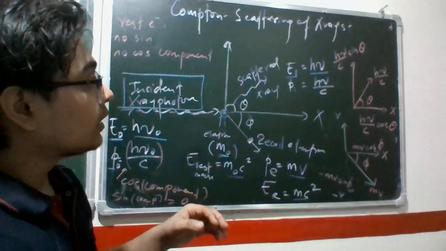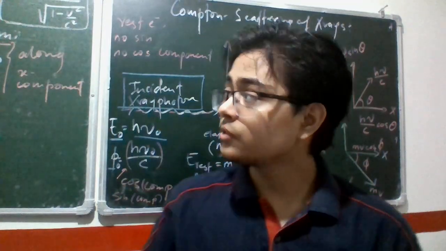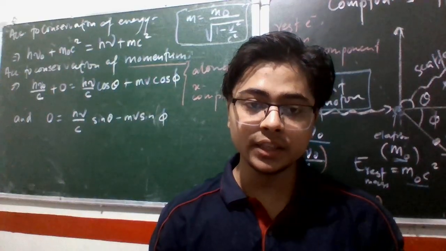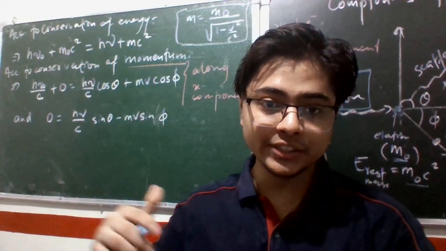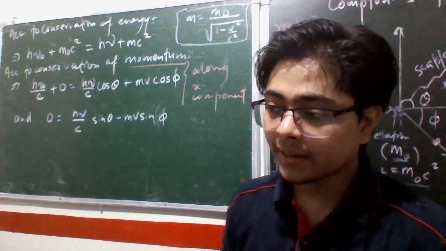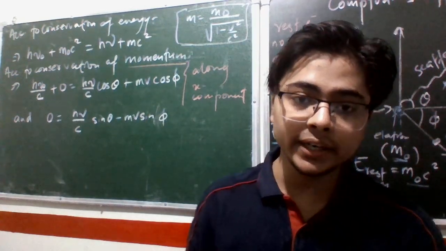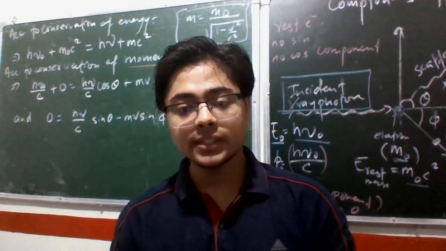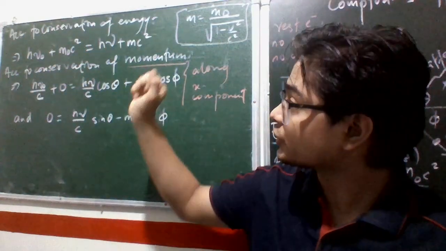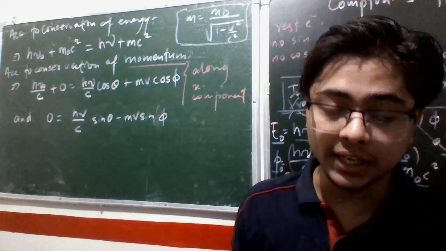Okay, now let's see the theory. For understanding the behavior of X-ray in this kind of setup, we need to take care of two things. First one is energy and second one is momentum. So we would use the conservation of energy and conservation of momentum formulas here.